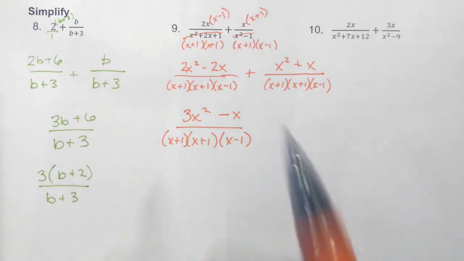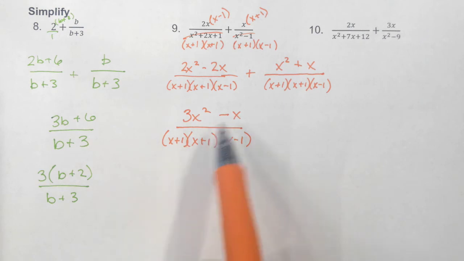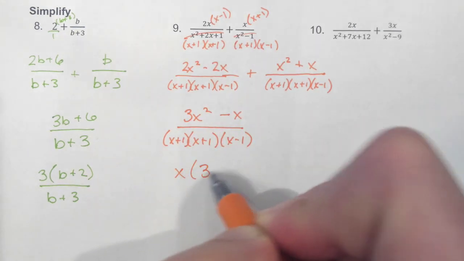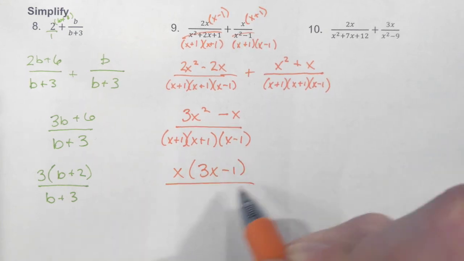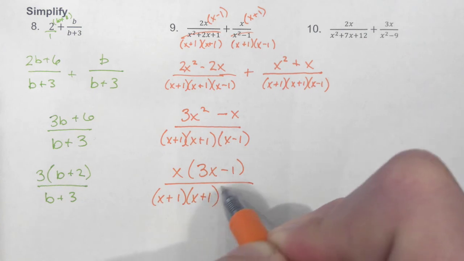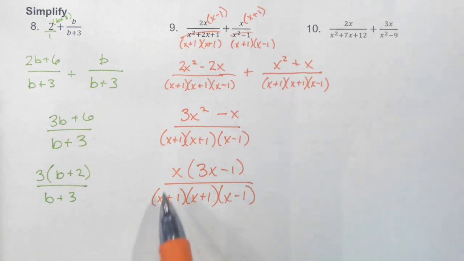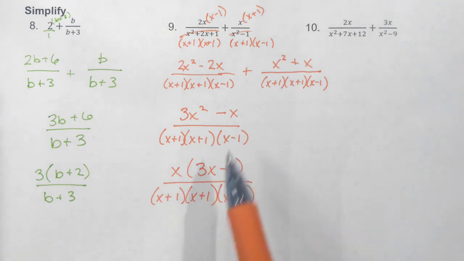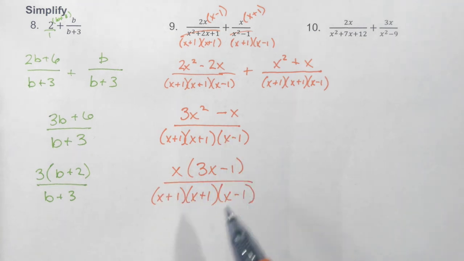Looking at that numerator, and again, there's a GCF, so we're going to factor out that x that's in common, leaving us with 3x minus 1, and then still over x plus 1 times x plus 1 times x minus 1. I'm looking, does anything cancel out there? No, nothing cancels, but it's good to check, so that's going to be our final answer there.